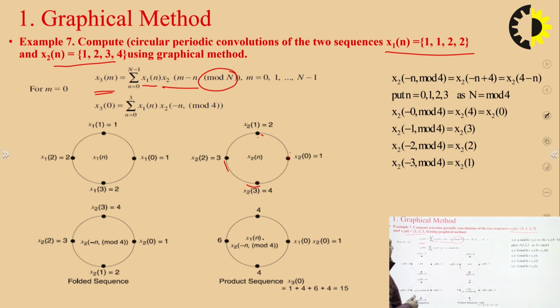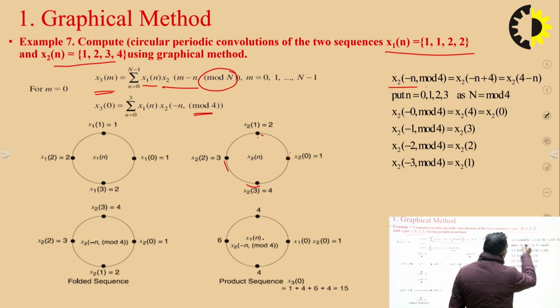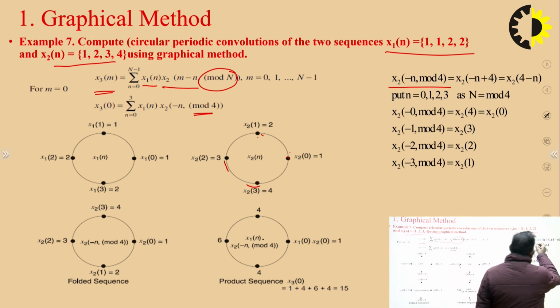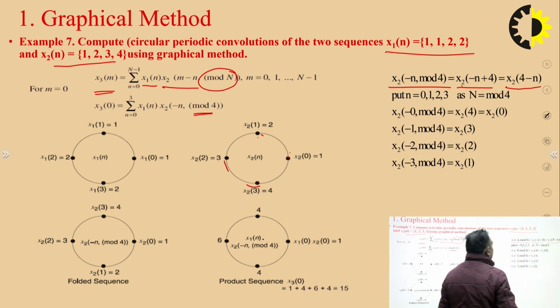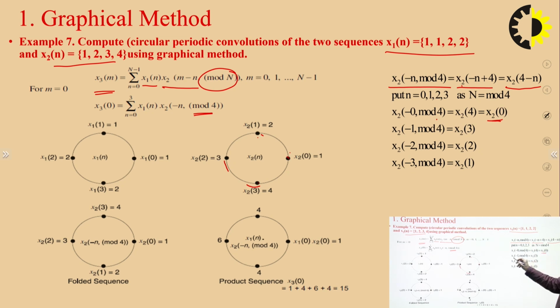Here the length of N is 4, so that's why we are using mod 4. You can see x2(minus n mod 4) means x2(4 minus n). Now you can check: x2(minus 0 mod 4), that is x2(4), will become x2(0). x2(minus 1 mod 4) means x2(3).